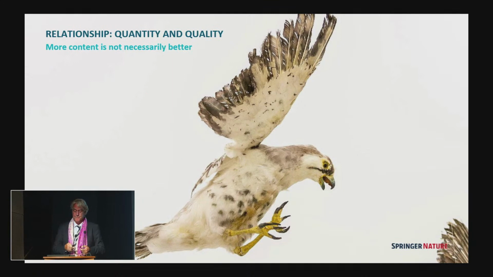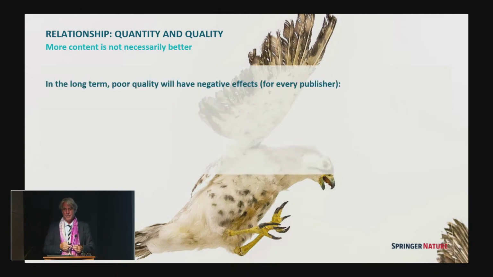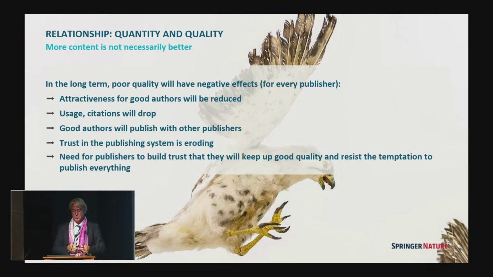So they only work with quantity, and they only work in the short term, because I think in the long term, researchers will know what is going on and will be very careful to submit to unknown journals where they don't know the editorial board, where they don't know the members of that, with shady processes. So that is something which is happening, which is worrying us in our industry at the moment, which is something which we need to be aware of.